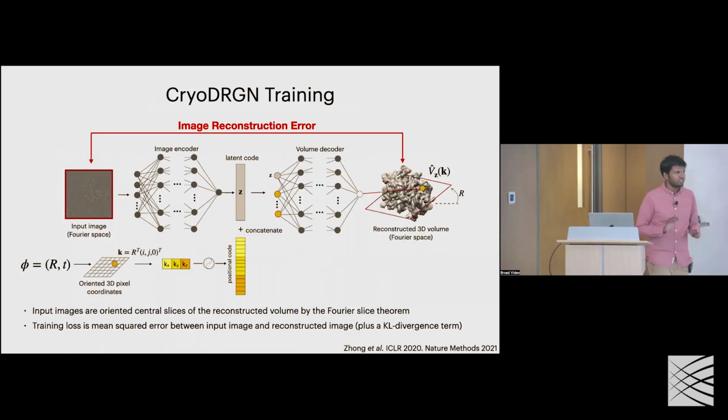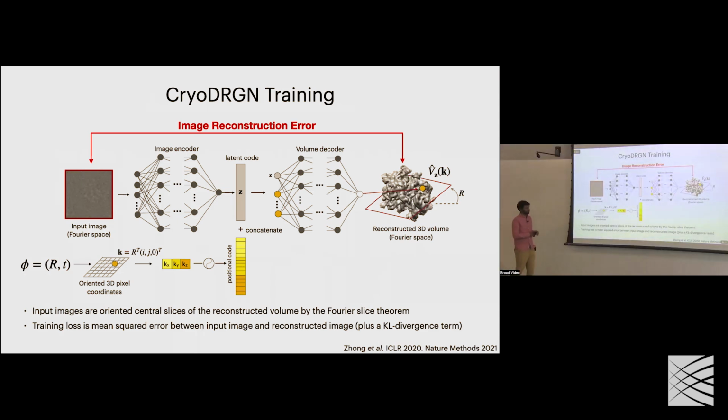How do we train such a model? If we consider a single training example, right? We take our image, we push it through the encoder. This gives us, again, this latent variable Z. By the way, Z typically takes on, we empirically find that between 8 and 16 dimensions works.